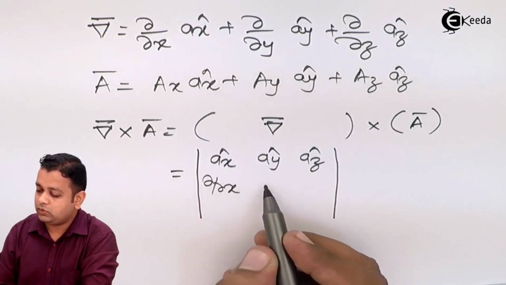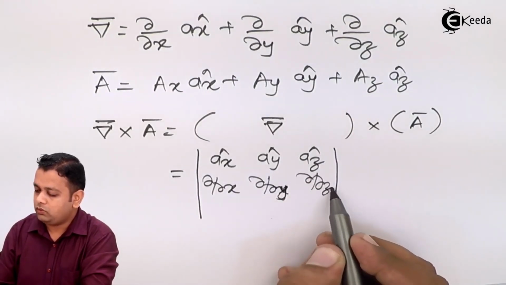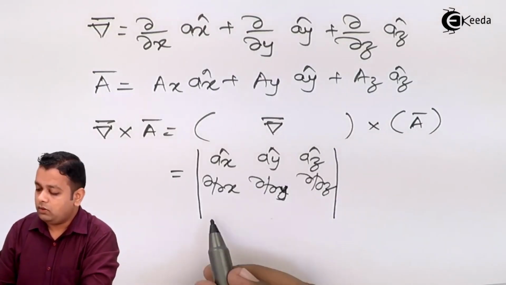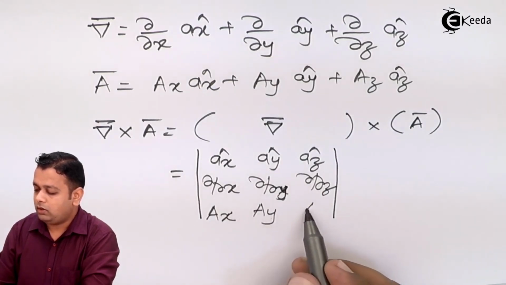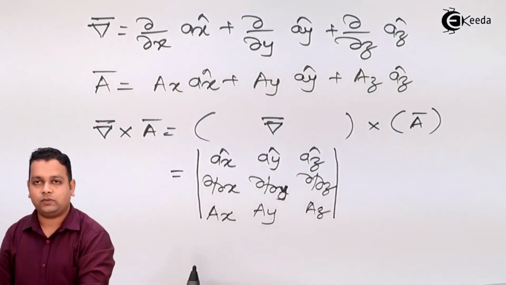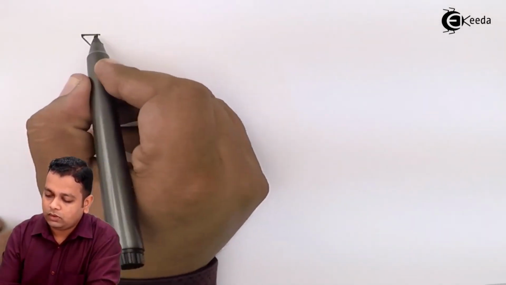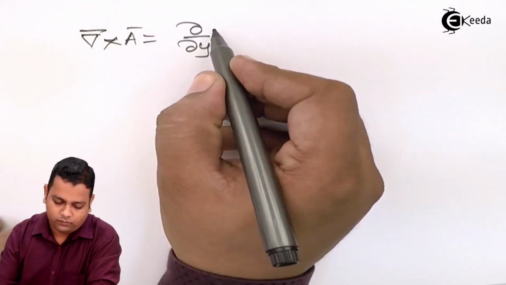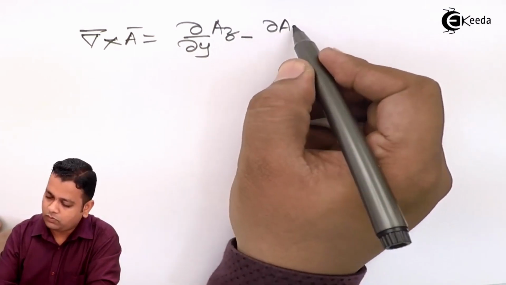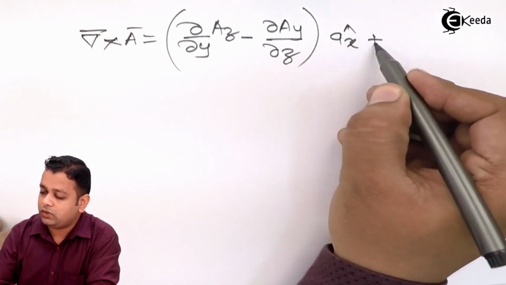The partial differentials with respect to x, y and z belong to the second row, and the third row belongs to the coefficients of vector A along the x, y and z axes. So if we simplify this determinant further, the curl of A bar will be equal to, so this difference term will be associated with ax cap.